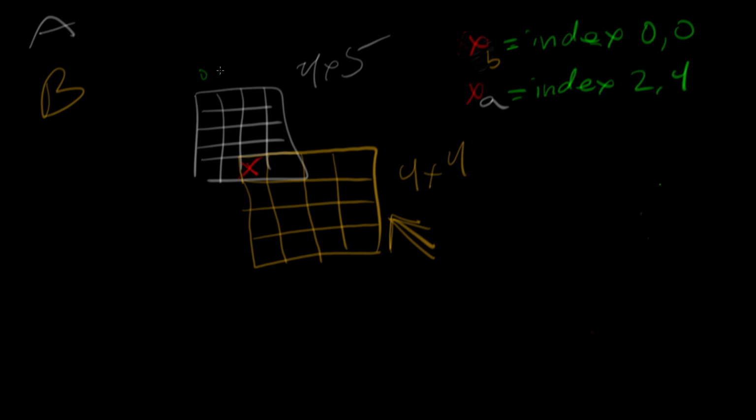So this is 0, 1, 2, 3, 0, 1, 2, 3, 4. So 2 is this, 4 is this. So we got 2, 4. So we need to look at X of B's color and X of A's color.